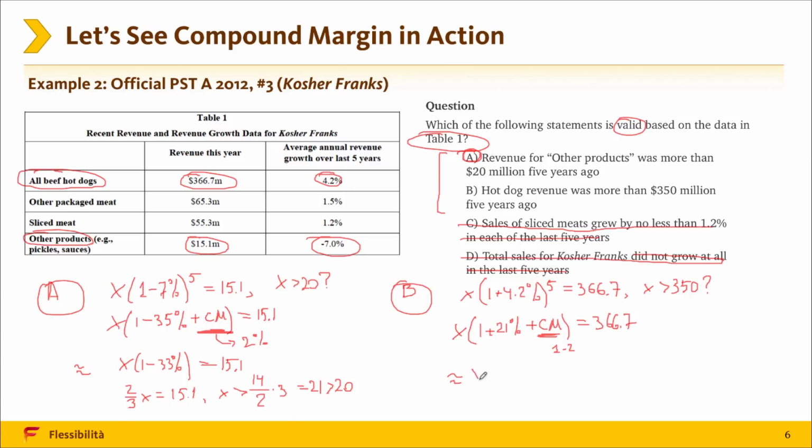So our result would be approximately 366.7 over 123, which is less than 366.7 over 1.2. So that means that B is false, and we can cross it out.